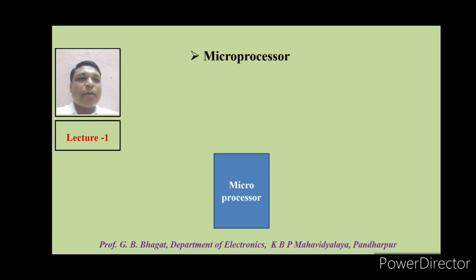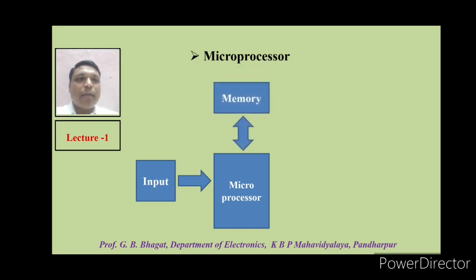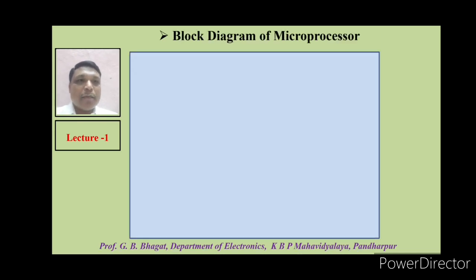That is, the microprocessor will take the numbers as input, process these numbers as per the program stored in its memory, and at the output it will create some other numbers and send them to the output. It is the function of microprocessor.